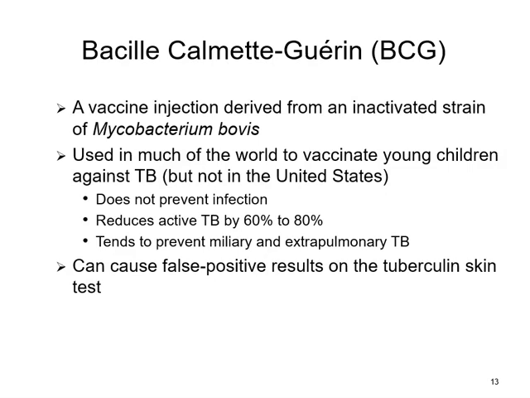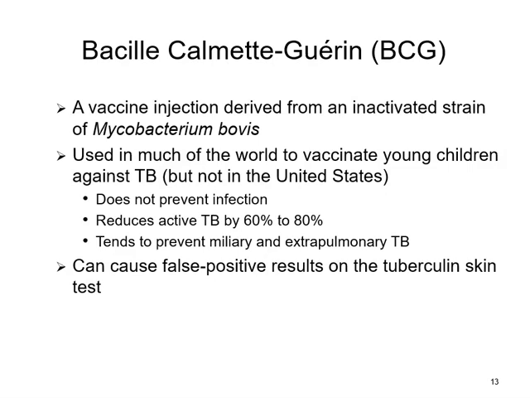And this prevents generally the most horrifying of the diseases, including the extrapulmonary and miliary versions of TB. But again, it doesn't actually prevent any infection. But what it can do for us and what's important is that it can cause a false positive result on the tuberculin skin test.